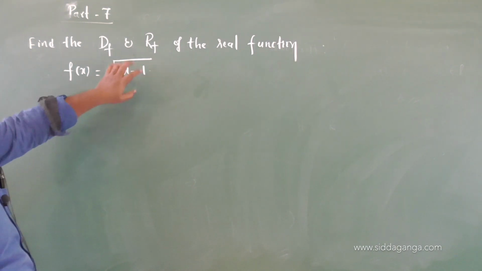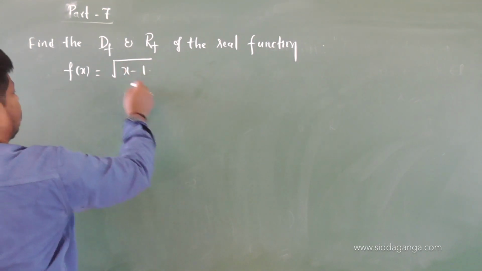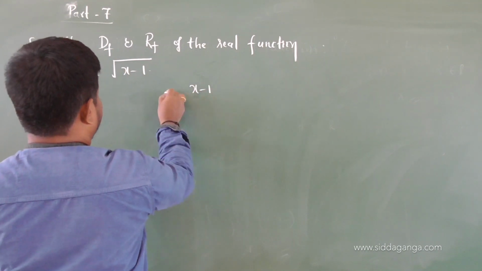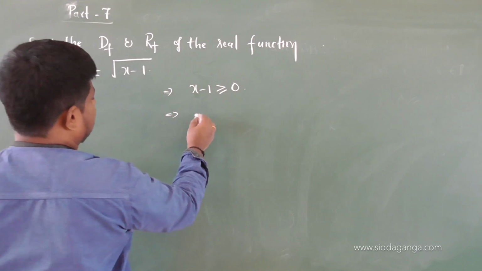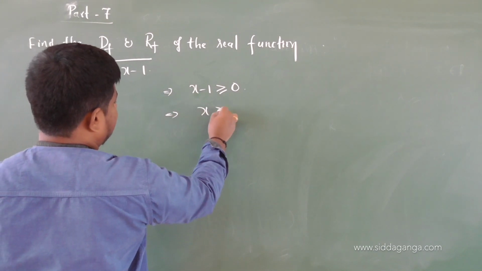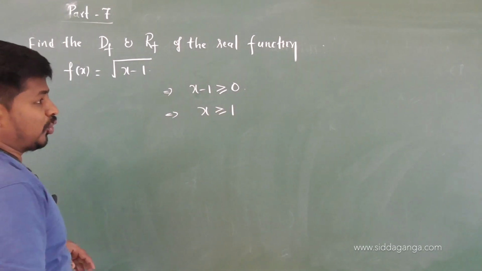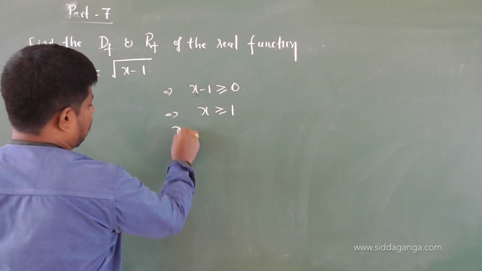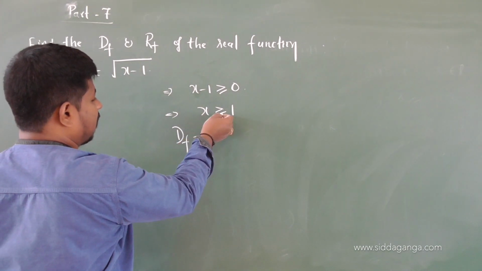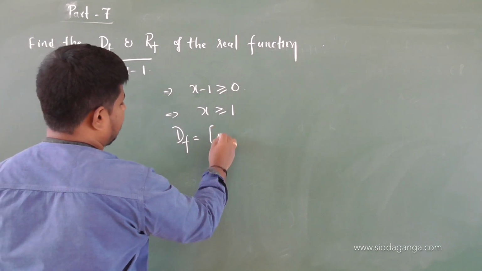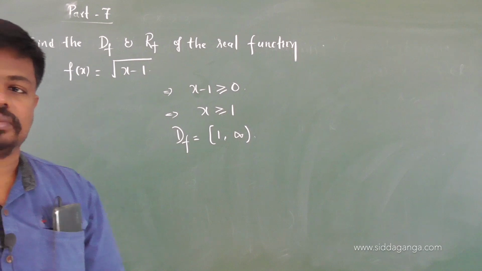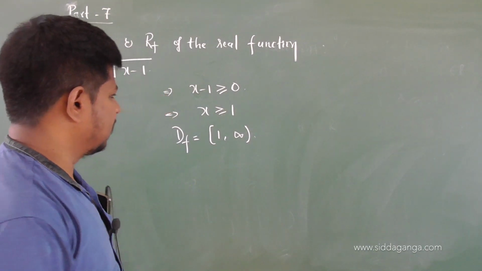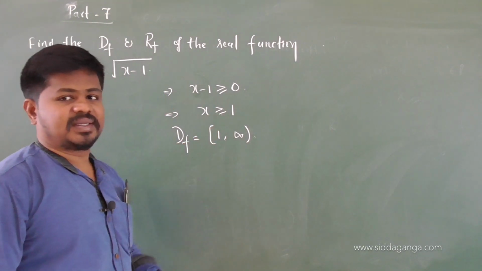Whenever we have a root, x minus 1 should be greater than or equal to 0, either positive or 0. Adding plus 1 on both sides, x is greater than or equal to 1. So domain values are 1 to plus infinity, or you can write the domain is x greater than or equal to 1.